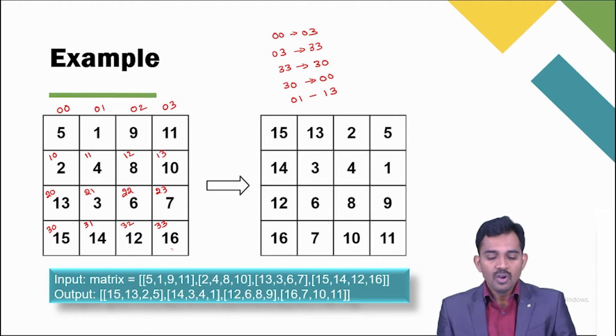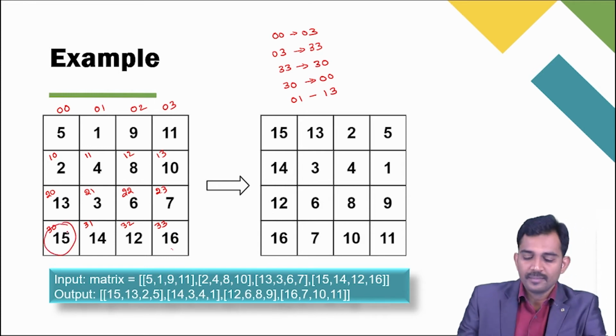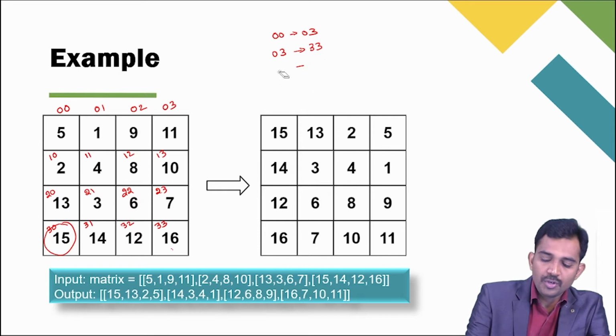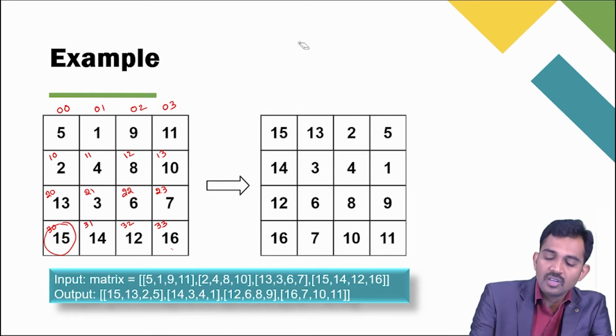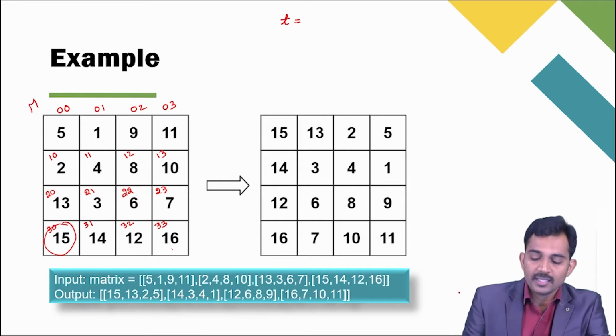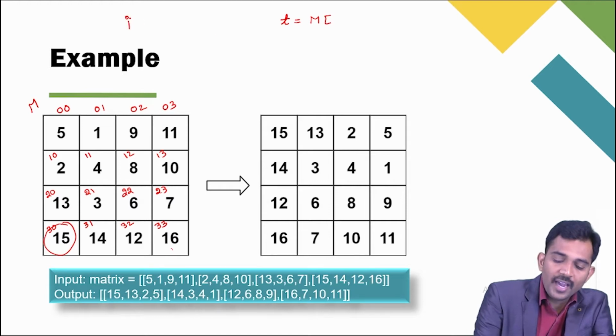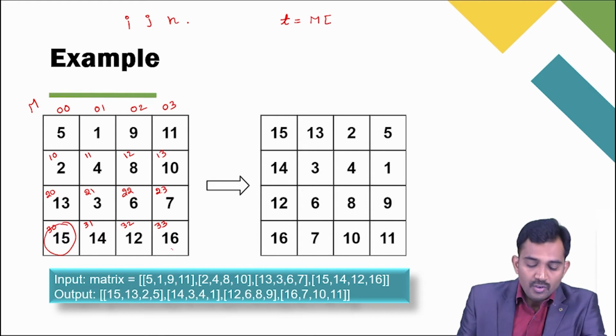Here, what I'm going to do is store this one as a temporary. Initially, t is a temporary value. For example, I'm considering this as the matrix m. So I have an i index, a j index, and n is the length. For example, this value is 30. 3 means the row, right? Which column?